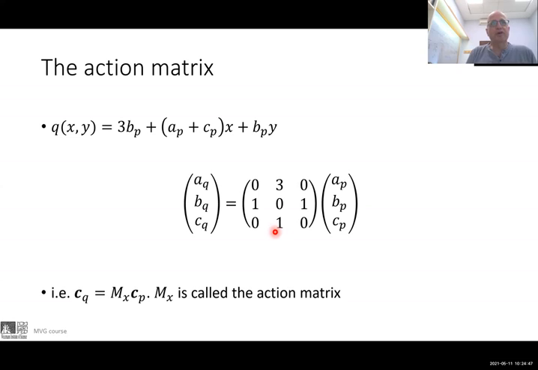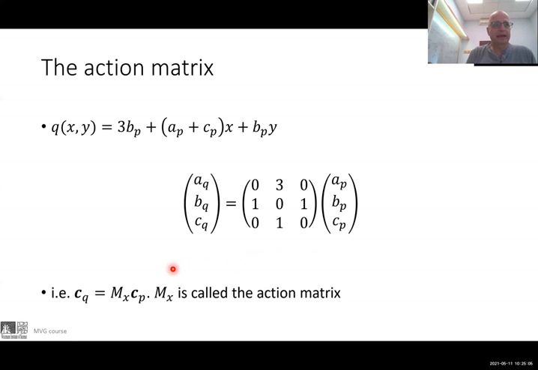Overall, the mapping Tx in our polynomial system is captured by this matrix. We call the matrix the action matrix.